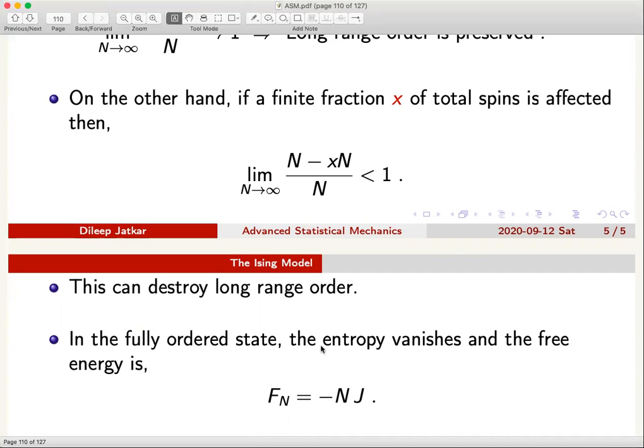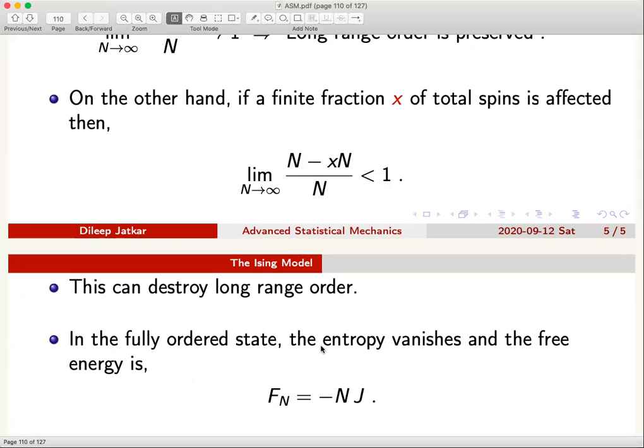There's precisely one configuration with all spins pointing up, and precisely one with all spins pointing down. There are various other configurations where you may have most of the spins pointing up but one or two pointing down. But a fully ordered configuration is unique, and because it is unique, entropy, which is the log of the number of such states, is log of 1, and therefore it just vanishes.